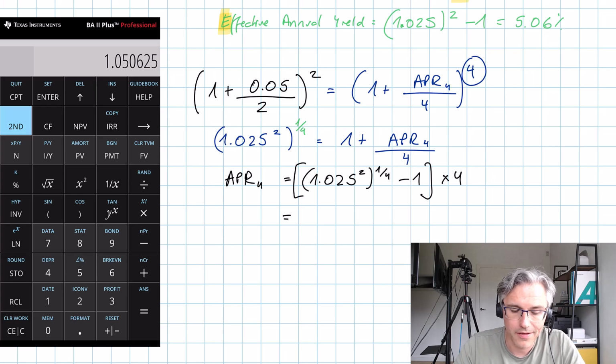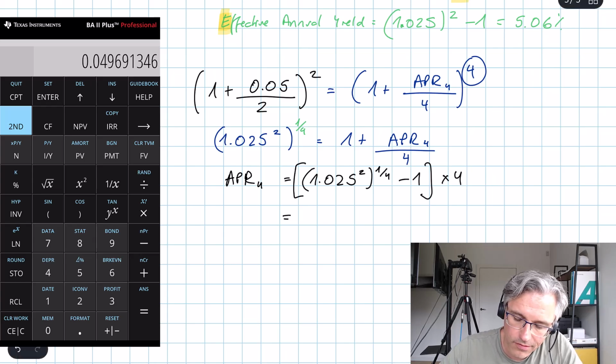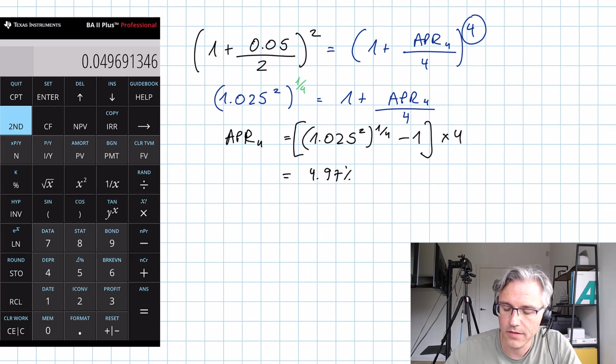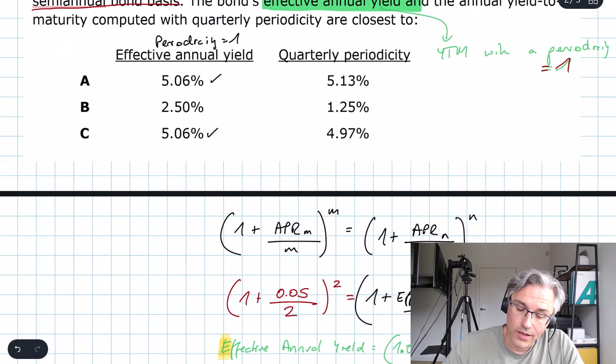So I'm hitting the y to the power of x button and opening a bracket, 1 divided by 4, close bracket, equals, minus 1, times 4. Okay, that's 4.97, thereabouts, 4.97%.